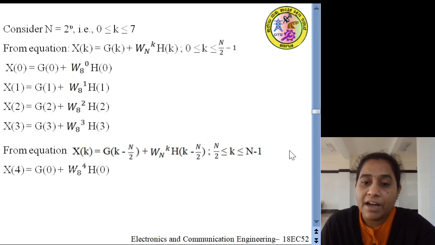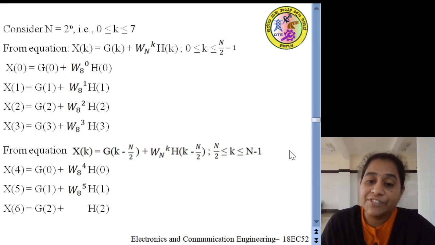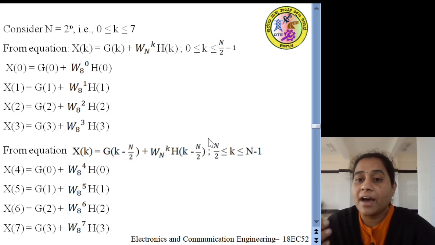So we can write X(4) as G(0) plus W_8^4 into H(0). X(5) is equal to G(1) plus W_8^5 into H(1). X(6) is equal to G(2) plus W_8^6 into H(2). Similarly, the last one, X(7) is equal to G(3) plus W_8^7 into H(3). So this is how we can represent our DFT for the first half as well as the last half. This is how we have split it, or decimated.